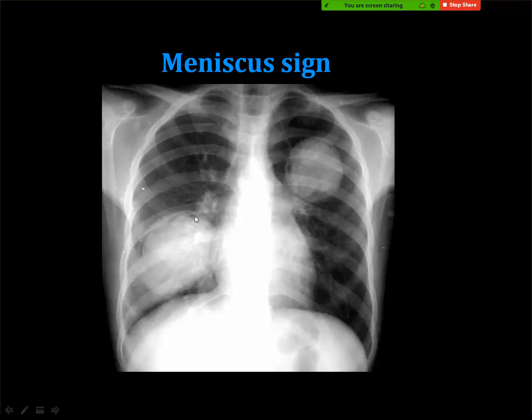This is one of the old cases in my archive, and in current days I haven't seen a similar case. This is quite different from the fungal ball.